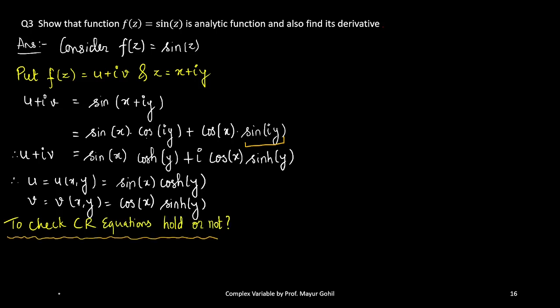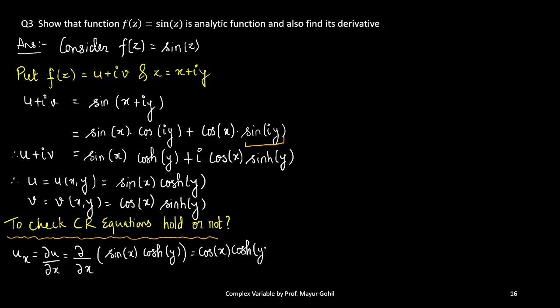Now we'll do the partial derivatives here. When we take the partial derivative of u with respect to x, we have del u by del x, so del by del x operates on sine x cos h of y. That gives me cos x cos h of y.